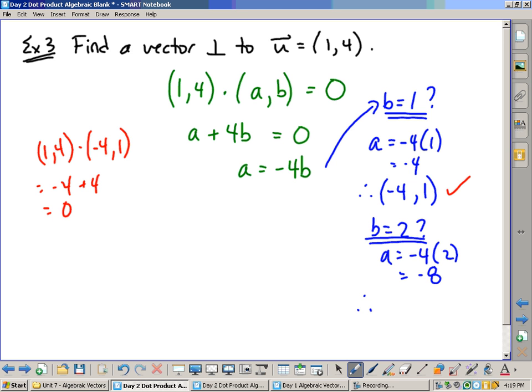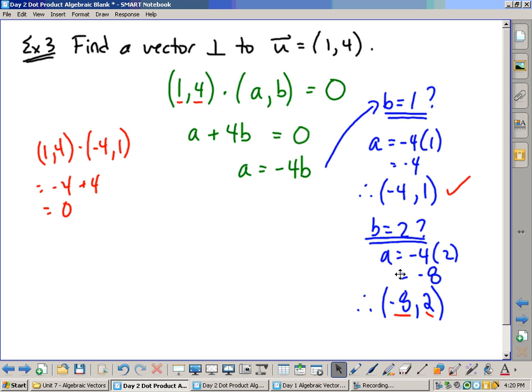So therefore, we'd have a new one, negative 8 and 2. Let's check this one in our head. Okay, so 1 times negative 8 is negative 8. 4 times 2 is 8. So negative 8 plus 8 gets us a 0.